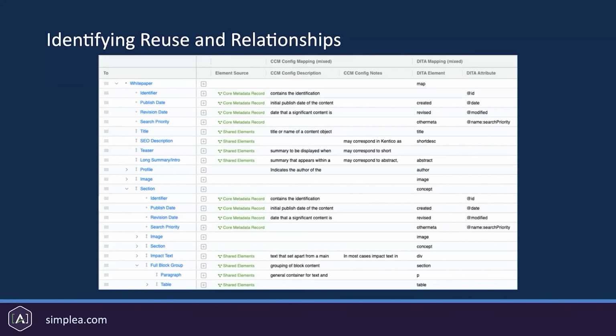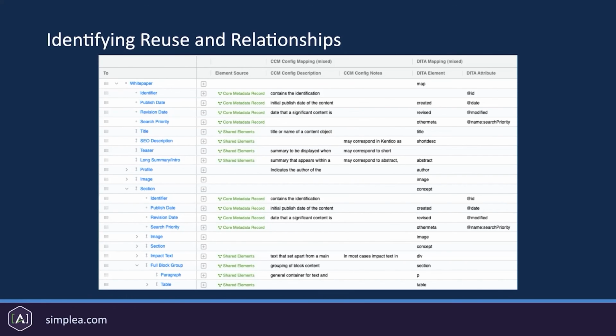First, the same element can generally be expected to have many, if not all, the same mappings, regardless of content type. So instead of having to recreate all of those mappings, if you say, we also need title here, you just reuse the mappings that you identified for the title last time. You're not having to recreate them.